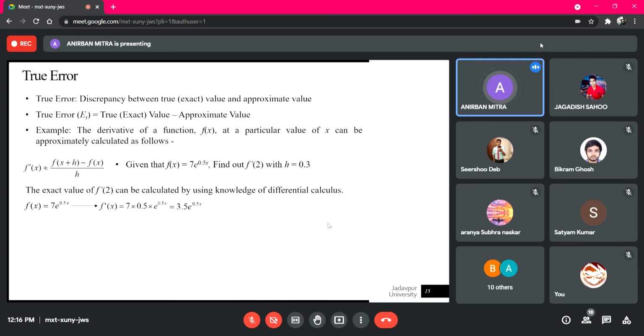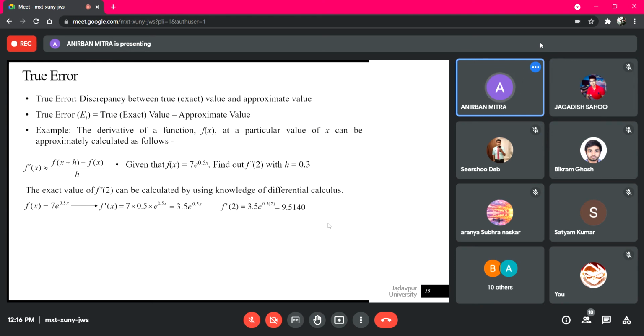We are already given the value of x, where f dash x needs to be found out. We put x equal to 2 and get a value of f dash 2 as 9.5146. This is the exact value because we have solved it analytically. There are no errors in this particular calculation.